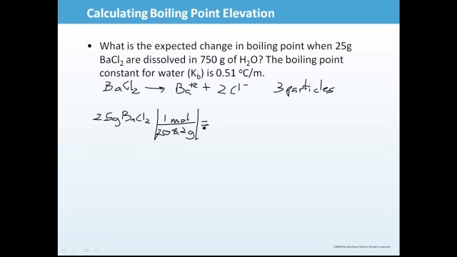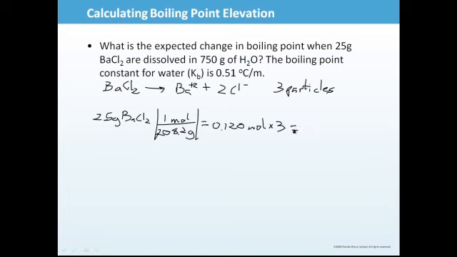So the grams will cancel. Alright, and that gives us 0.120 moles. Okay, but again, when we dissolve it, it actually is going to be 3 particles for each mole dissolved.